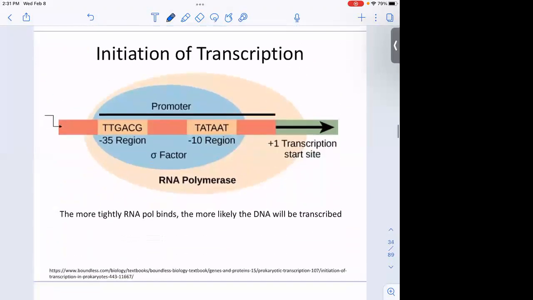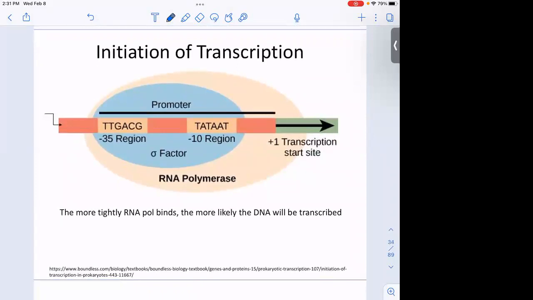Okay, so let's talk about that initiation. So I like this graphic. It's not from your textbook, but orient yourself here. This is representing the DNA sequence in the promoter region. Remember, this is just a sequence of base pairs of the DNA, a little bit upstream of where we're going to start the transcription.